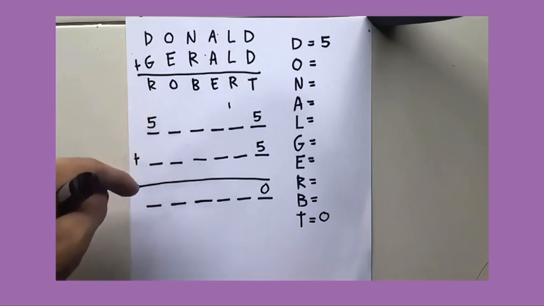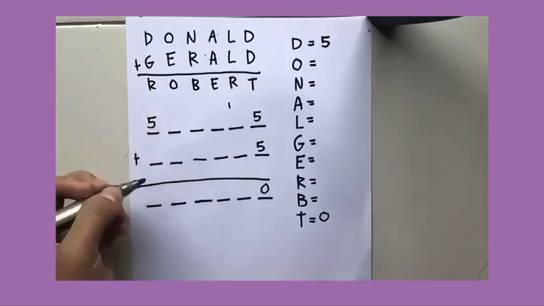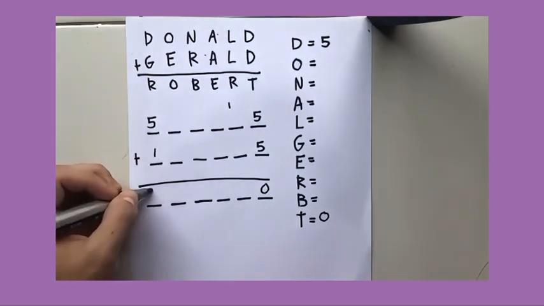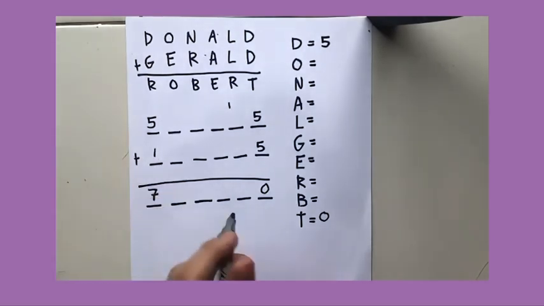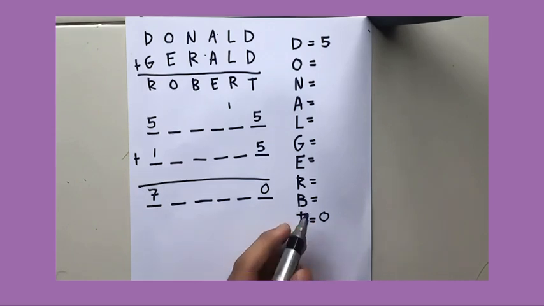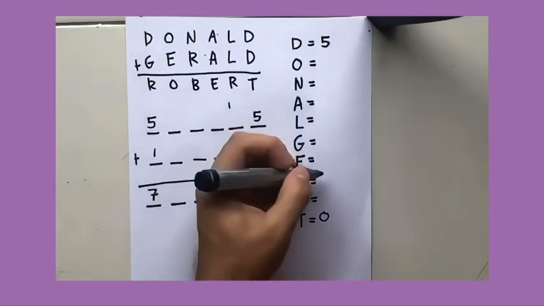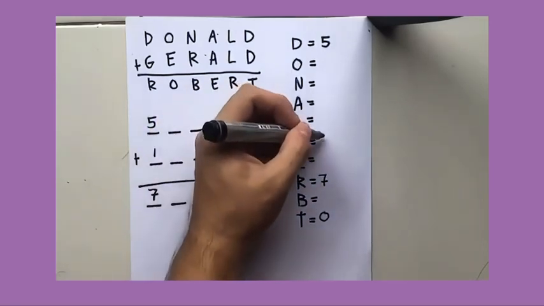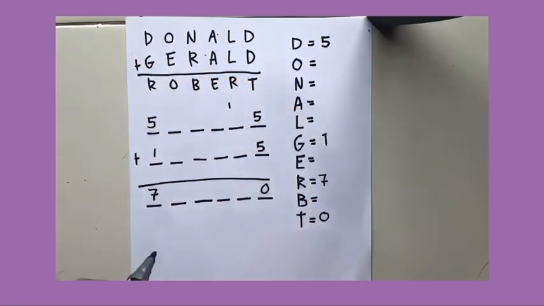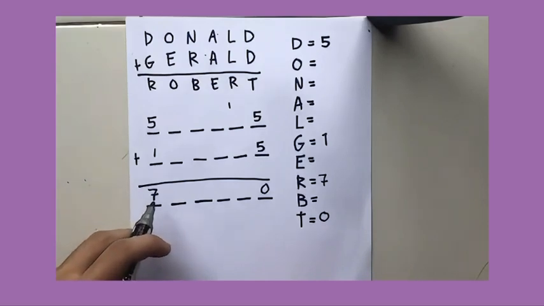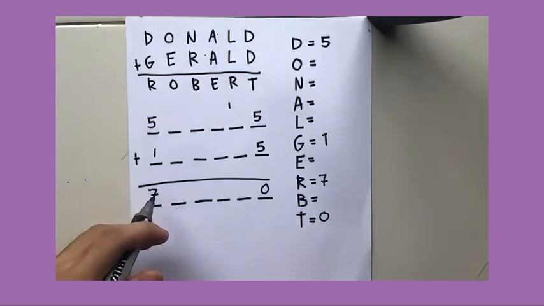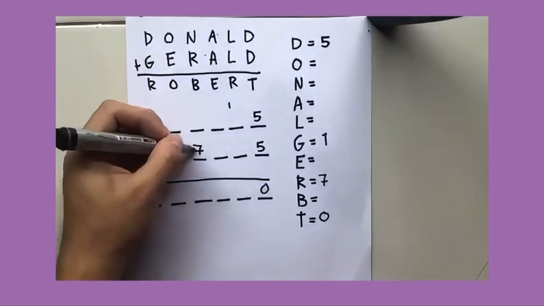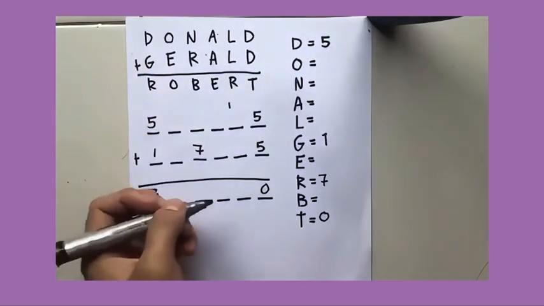So we assume that R is equal to 7 and G is equal to 1. Let's put here R is equal to 7 and G is equal to 1. Since we have R and G, let's substitute all the R's with 7. So we have 7 here, another 7 here.